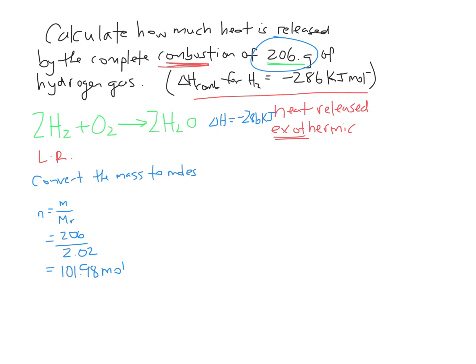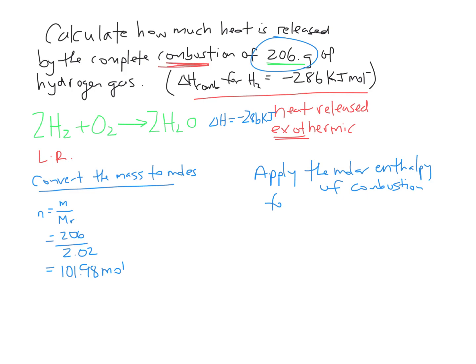Now what we do is, step 2, we convert that into heat. So we apply the molar enthalpy of combustion, is what it's technically called, for hydrogen, and figure out how much heat is released.